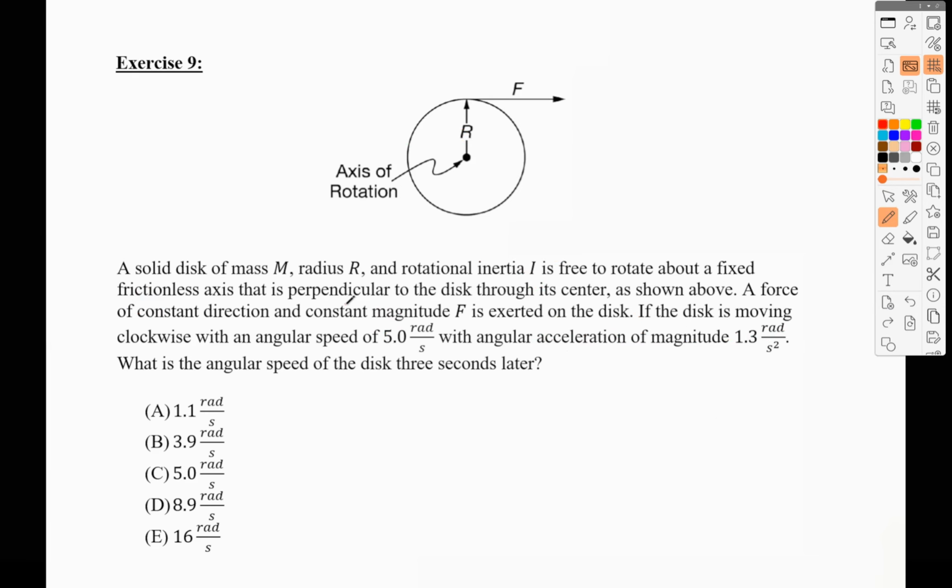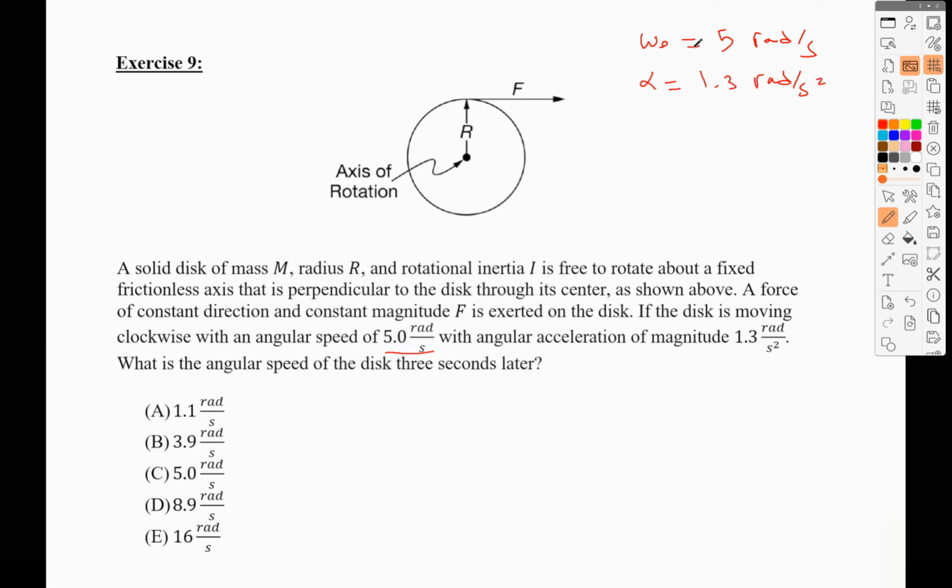A solid disk of mass capital M, radius capital R, and rotational inertia I is free to rotate about a fixed frictionless axis that is perpendicular to the disk through its center as shown above. A force of constant direction and constant magnitude capital F is exerted on the disk. If the disk is moving clockwise with an angular speed of 5 radians per second, then the initial angular speed is given by 5 radians per second, with angular acceleration of magnitude alpha is 1.3 radians per second square.